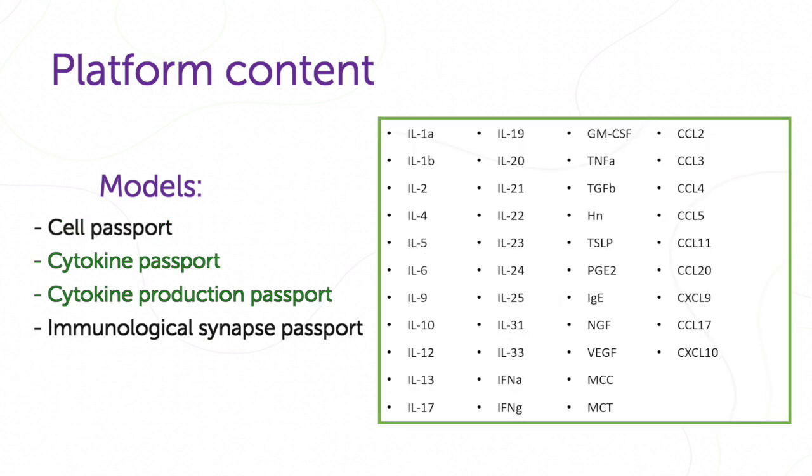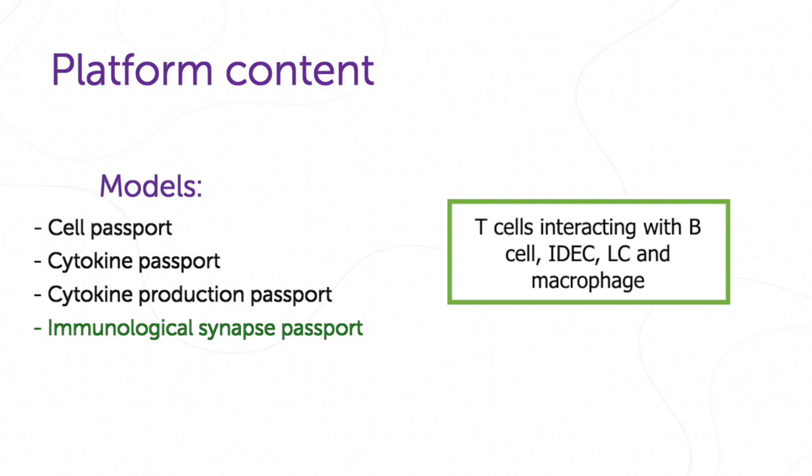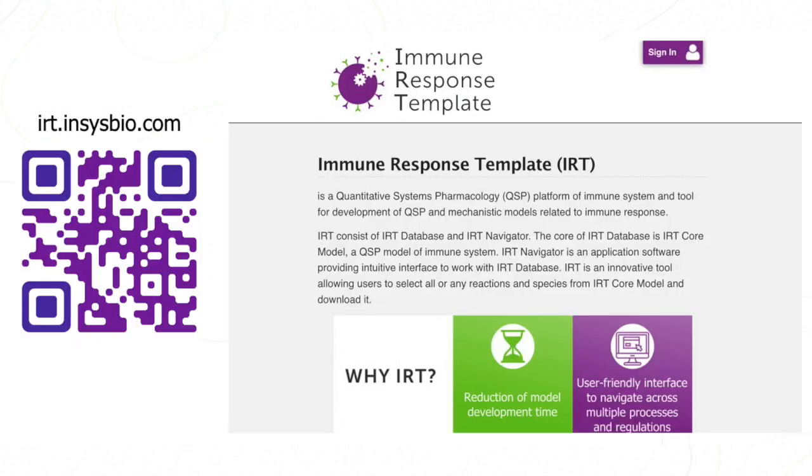There is a list of cytokines that affect immune cells and have their own passports. Immunological synapse passport shows the interface between antigen-presenting cell and immune cells. I will talk about IRT in the next lesson, but if you can't wait to start practicing, you can visit the IRT site via the link right now.